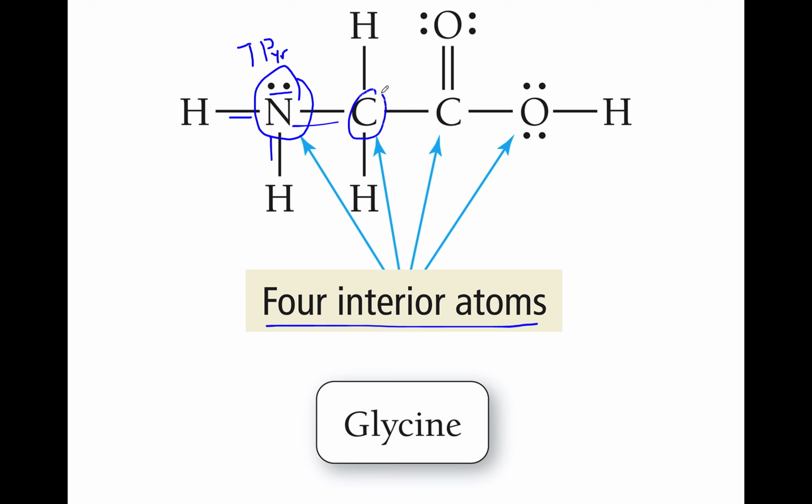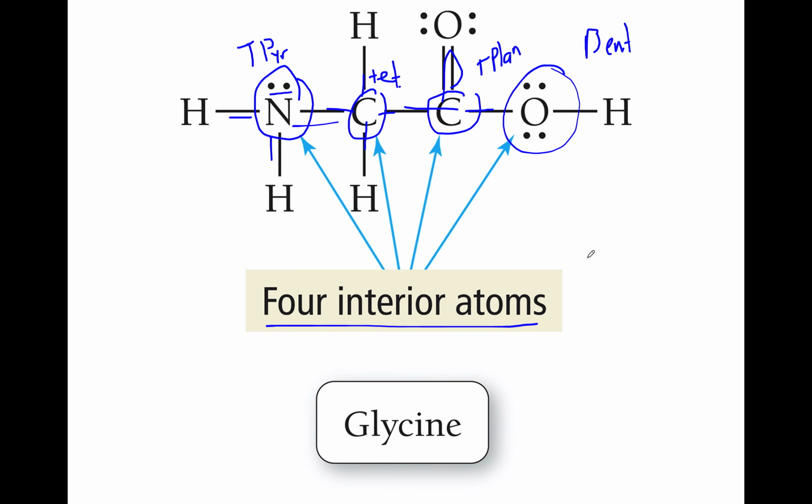If you look at this carbon, it's got 1, 2, 3, 4 electron regions, no lone pairs. That's tetrahedral. This carbon has 1, 2, 3 electron regions. That's trigonal planar.